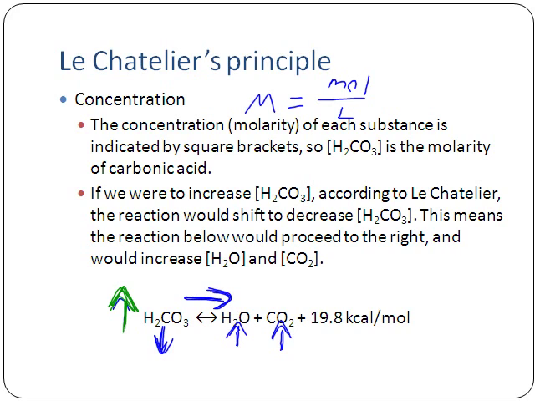Because if I change one of the concentrations, that's going to knock things off of equilibrium, and so it's going to reshift itself in order to balance that equilibrium constant back out. Now, in our next lesson, we'll talk about exactly how you calculate the equilibrium constant, and then you'll be able to see a little more on why there is no shift in the equilibrium constant when you change concentration. So, let's see.